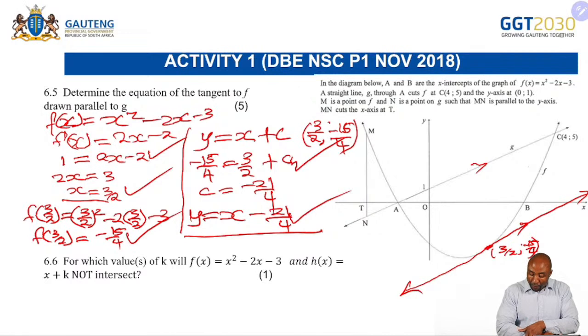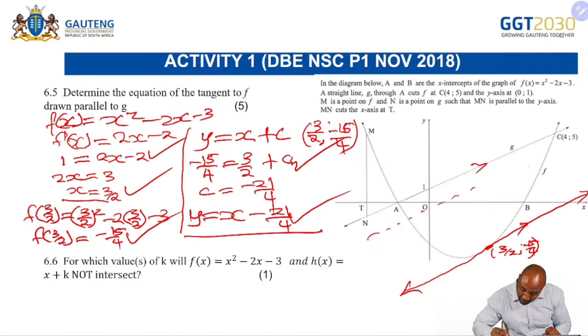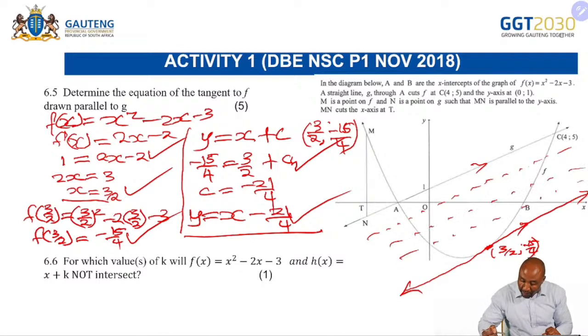And then for which values of k will f of x equal to that and h of x, which is the tangent, not intersect. Now, remember, any line which is parallel to g of x or h of x will intersect the graph.